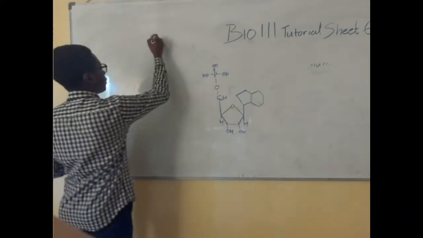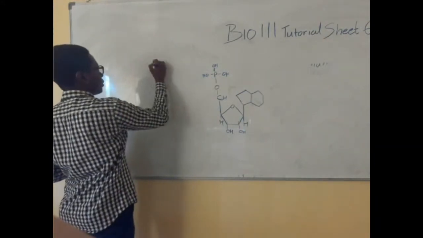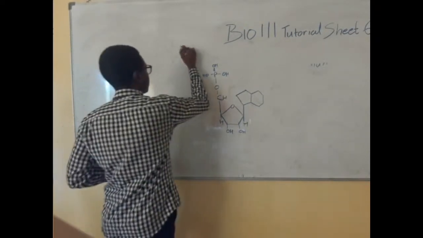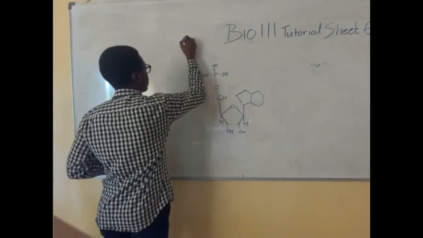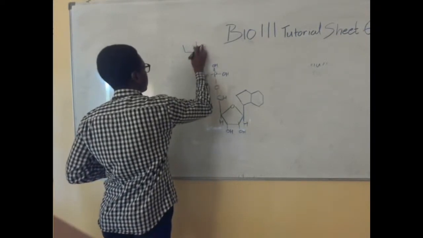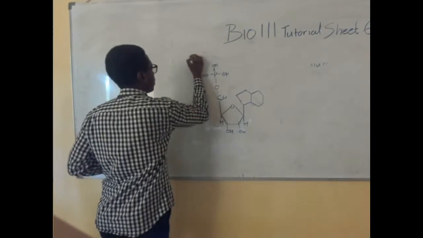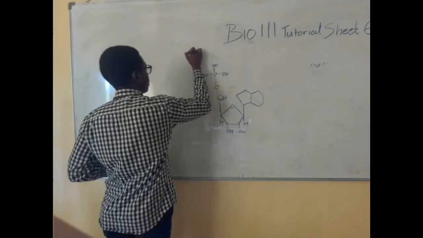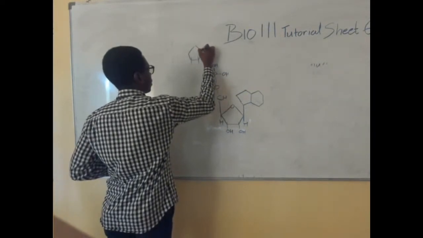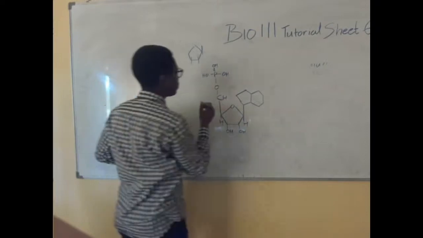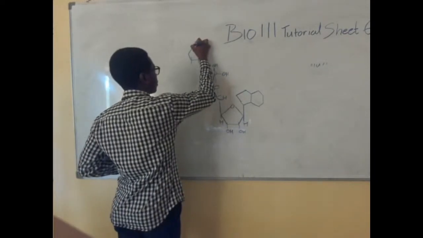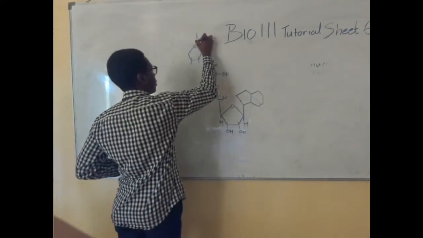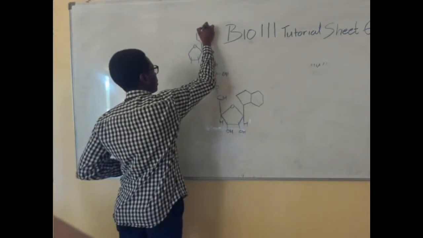Then we have another nucleotide here. This is our sugar. Due to space, I can't draw to scale. Let's say this time it's connected to thymine. This is thymine.